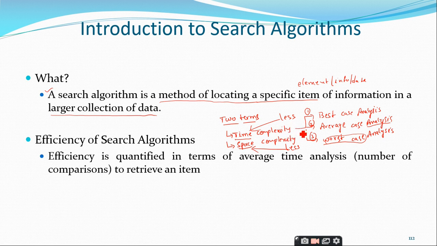And out of these time complexities, you get these three cases: best case, average case, and worst case. And you may have a doubt again here whether we need to consider the best case, average case, or worst case when you want to evaluate the efficiency of the algorithm.